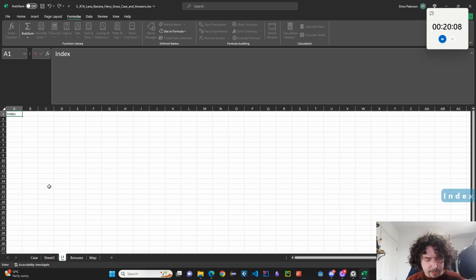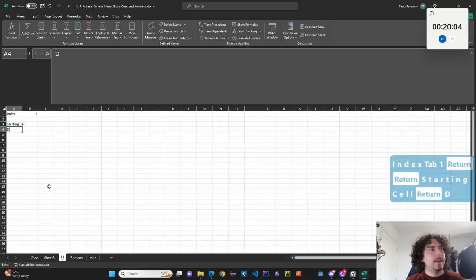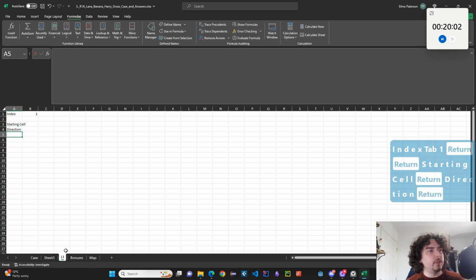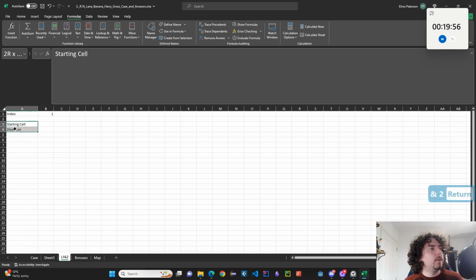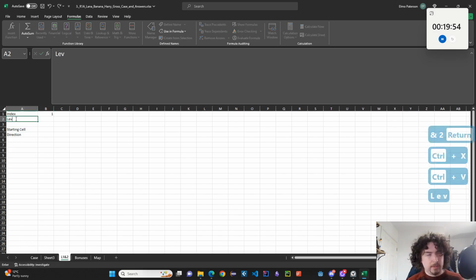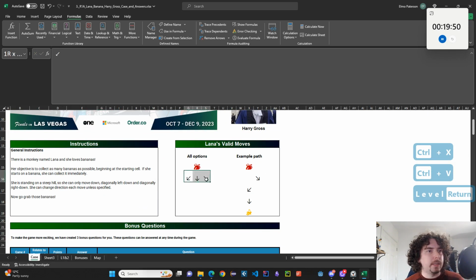Let's build out level 1 and go from there. And let's put a direction in here, because then we can just use this for level 2 as well. Level. Let's grab our directions.